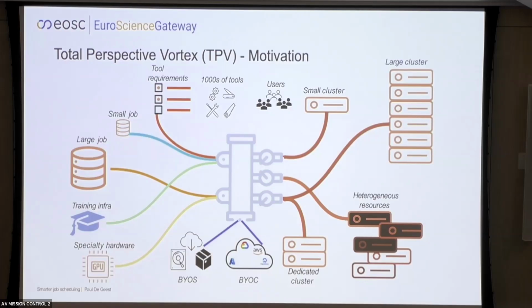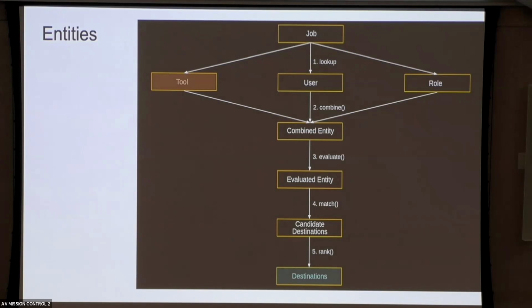And so TPV is actually responsible for matching a job's specifications, or job requirements, to the available resources, or the available compute endpoints, and figuring out which of the compute endpoints is most suitable. That's the basic purpose of TPV.